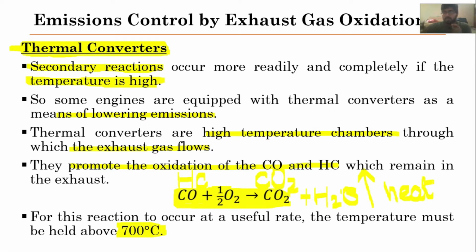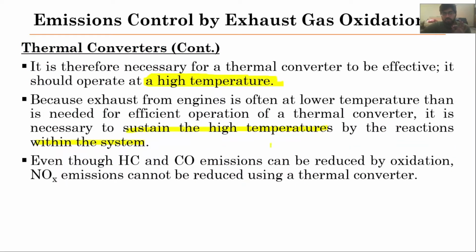Higher temperatures are achieved since these reactions are exothermic. The combustion of unburned hydrocarbons and conversion of carbon monoxide into carbon dioxide is an exothermic reaction, so the large amount of heat generated sustains the higher temperatures inside the thermal converters.